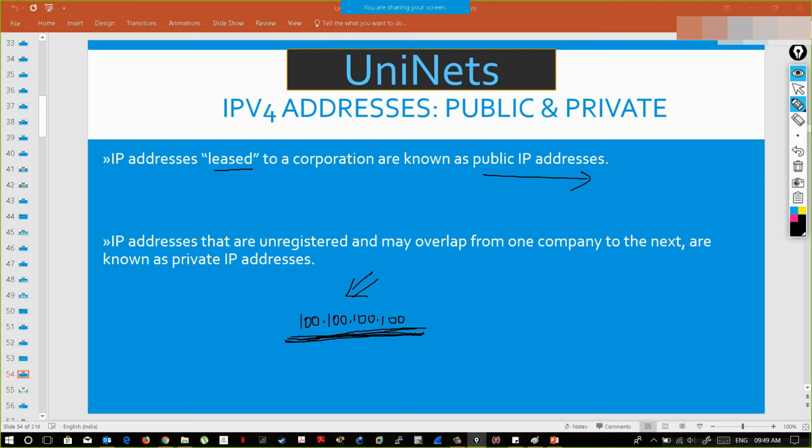And now, what is a private IP range? Private IP addresses are unregistered and may overlap from one company to the next, right?